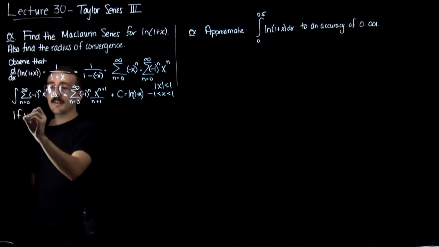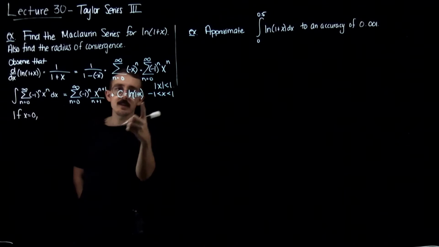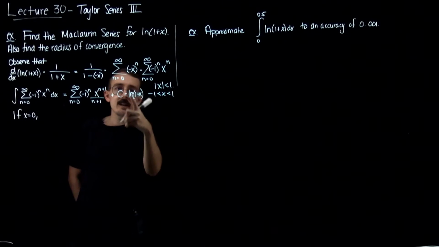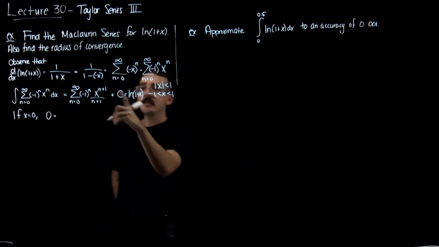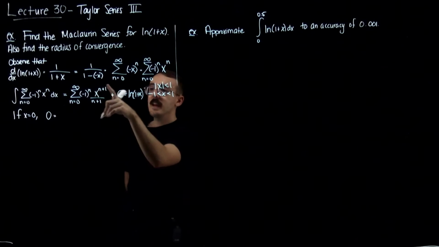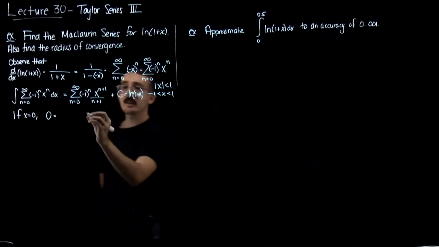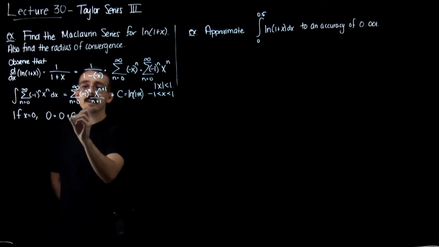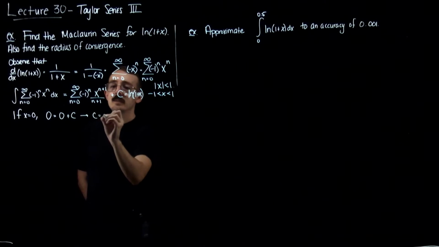So if x equals 0, and we're going to plug it into both sides of this equation. So if you plug it in on the right, if x equals 0, you get ln of 1, which is 0. And if you plug in 0 for x on the left side over here, I get 0 to any power is just going to make this whole sum 0 plus 0 plus 0. So I get 0 plus c for the left side. So this just tells me that c is supposed to be 0.